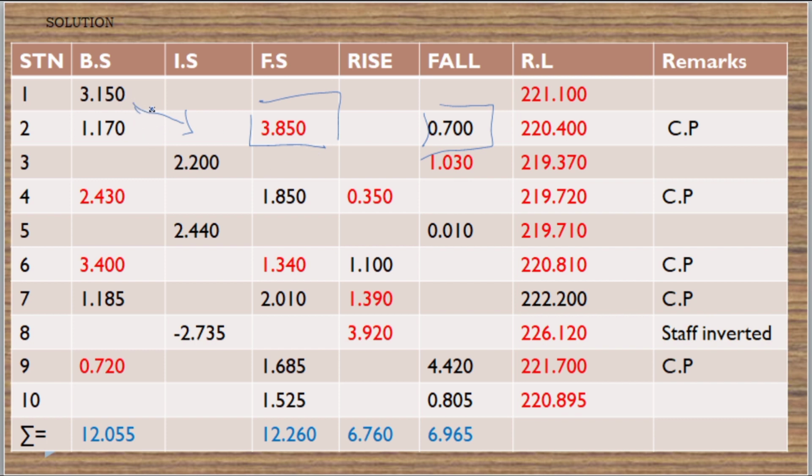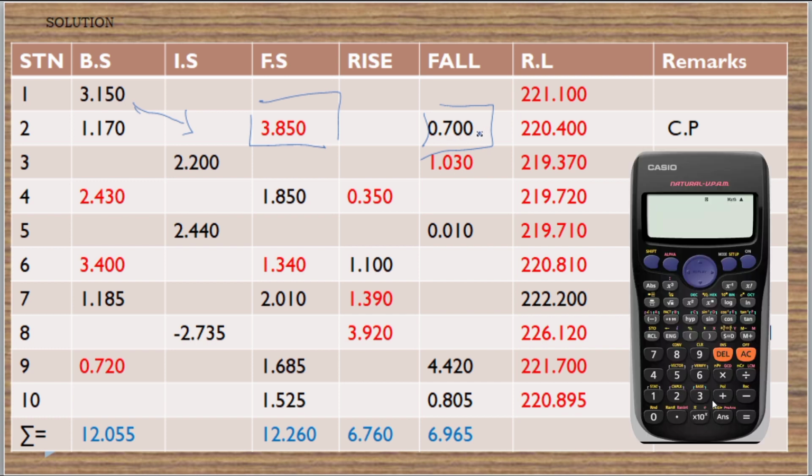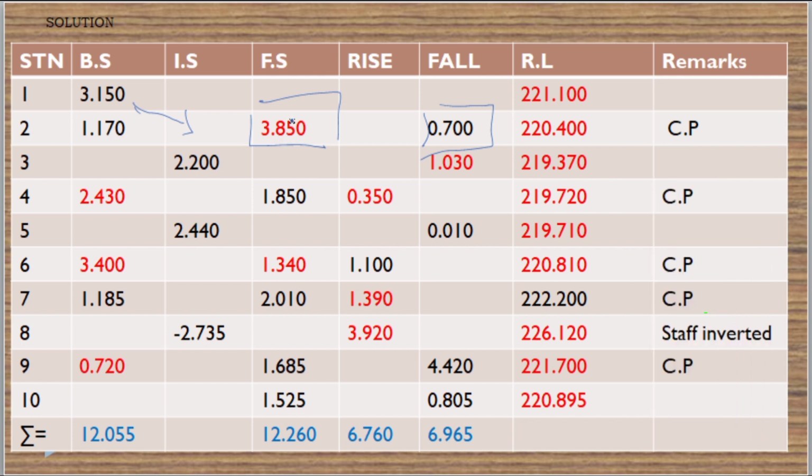You can write maybe a shortcut: the first reading minus x is equal to negative 0.700. By doing that, that will be changing the sign, so that will be an addition. So our answer will be 3.85 meters. That is the first data that was missing.